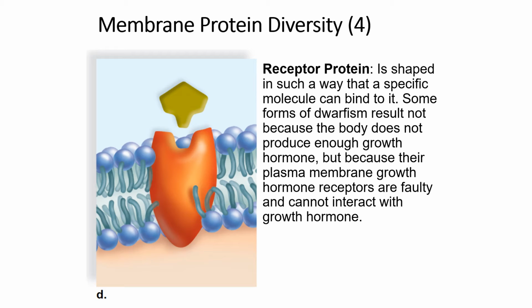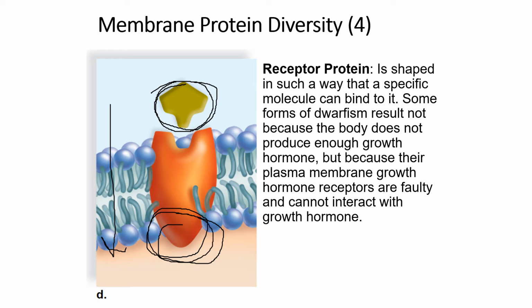Receptor proteins, these are for communication. So instead of taking cargo and passing it through, anytime it binds to its partner, it'll cause some change on this part of the protein, and then that signal will be moved into the cell.